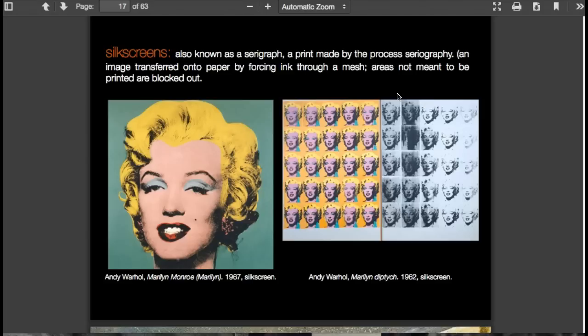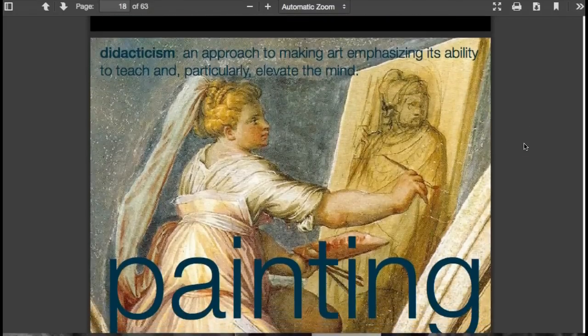He's really commenting on this quite a bit. And on the flip side, he's commenting on the fact that when we are so used to seeing an image over and over again, we get a little bit desensitized to it. So there's this interesting dichotomy, but he uses printmaking to really bring this point across.